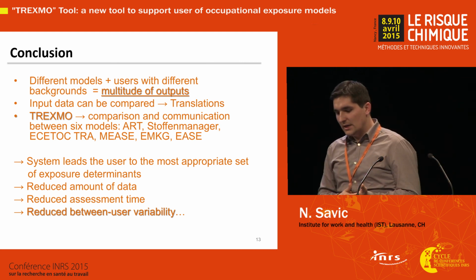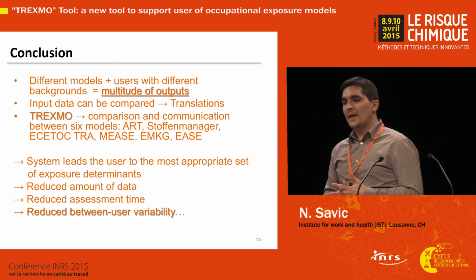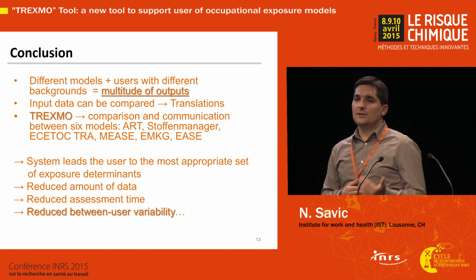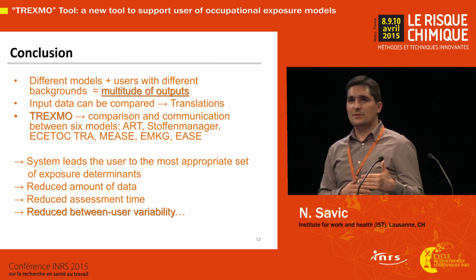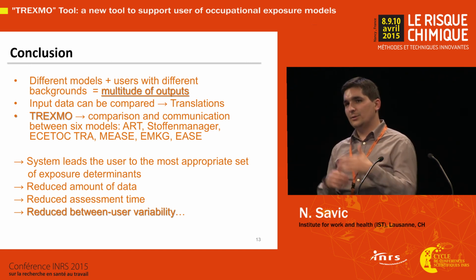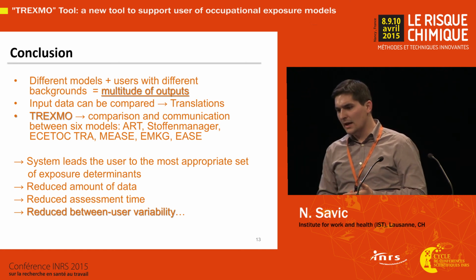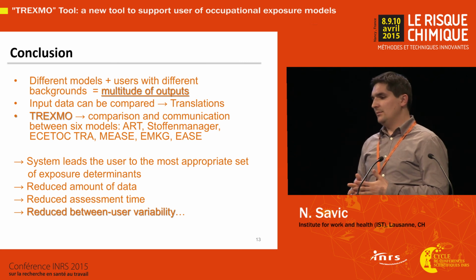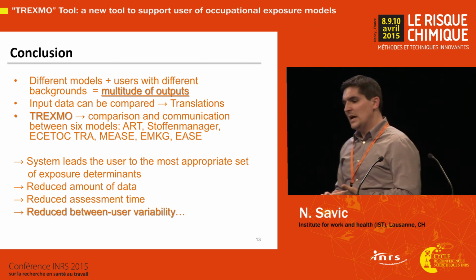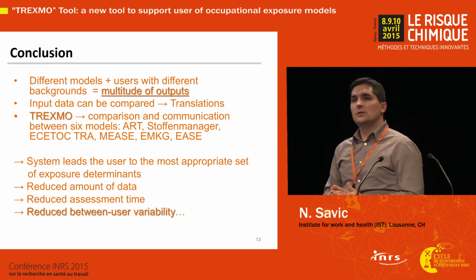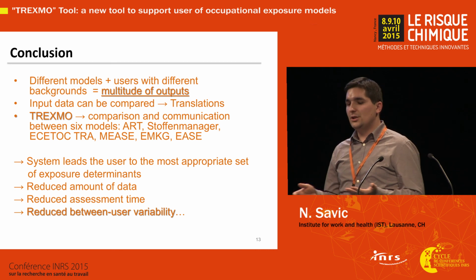Because of that, we compared and defined a translation system that allows a set of exposure inputs defined in one of the models to be translated into the most appropriate set of inputs in another model. This system is named TREXMO, Translation of Exposure Models, and includes our test of merger, EasyTalk, MIS, MKG, and EASY.